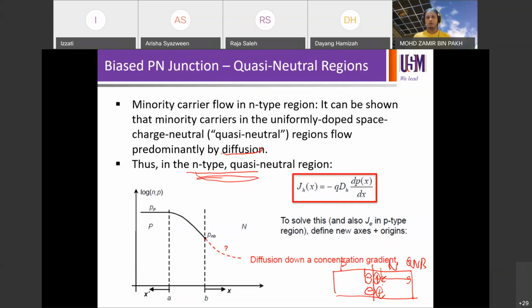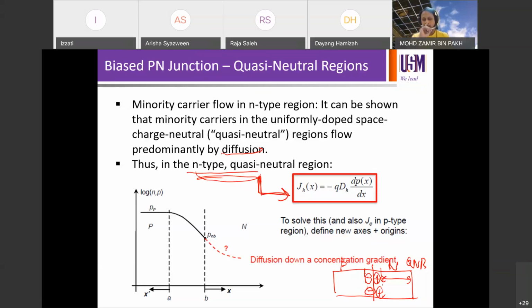So we have discussed diffusion current density due to holes, right, during the carrier transport phenomena. So remember, why holes here?